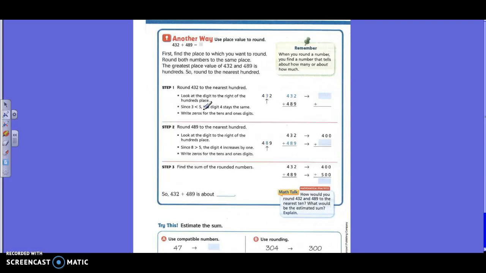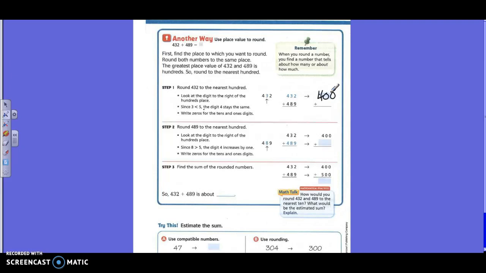So we're going to put the 4 right here in the blue box. We're going to make it stay the same. Make sure you write that down. And then read the last bullet point. Write zeros for the tens and ones place. So 432 rounded to the nearest 100 is 400.